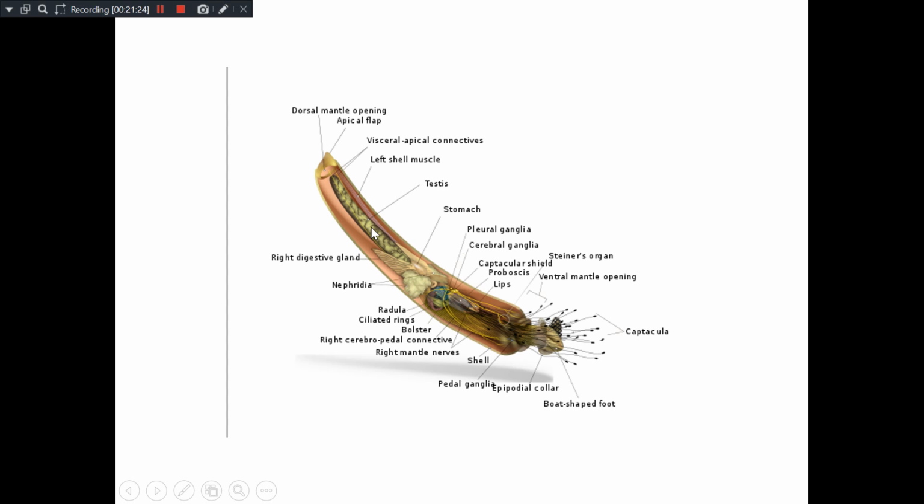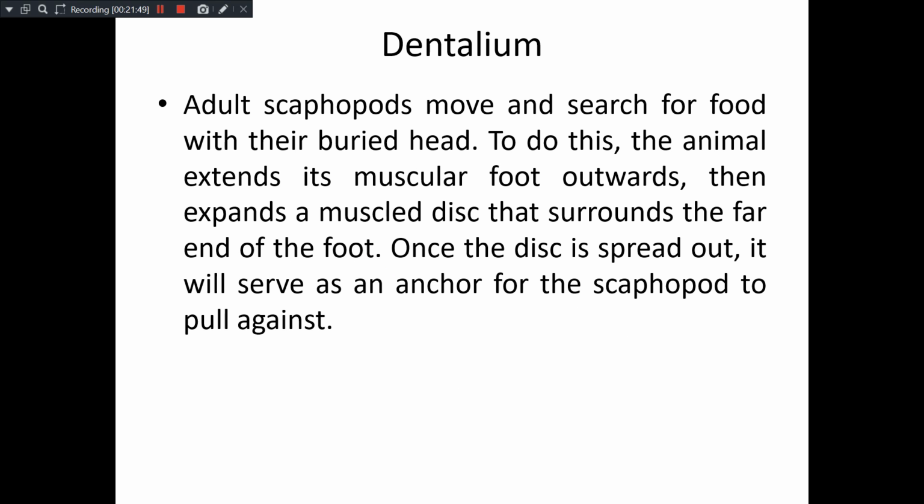This is the stomach. Testis you can see here, and this is the dorsal mantle opening. So through this anterior end, head and foot can come outside. It is always upside down. This particular portion is buried because the head with the captacula can bury itself in the mud or soil.